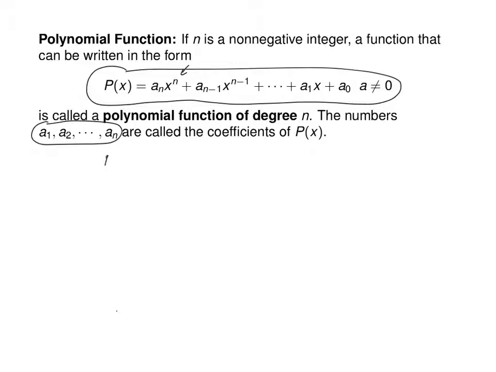So stuff like p of x equals 2x squared plus x plus 3, that's a polynomial, right? That's specifically a quadratic polynomial. Technically, p of x equals x plus 3 is also a polynomial. Is stuff like root x plus 3 a polynomial?